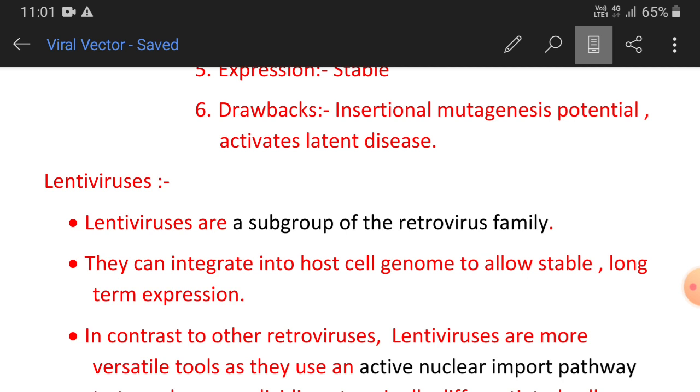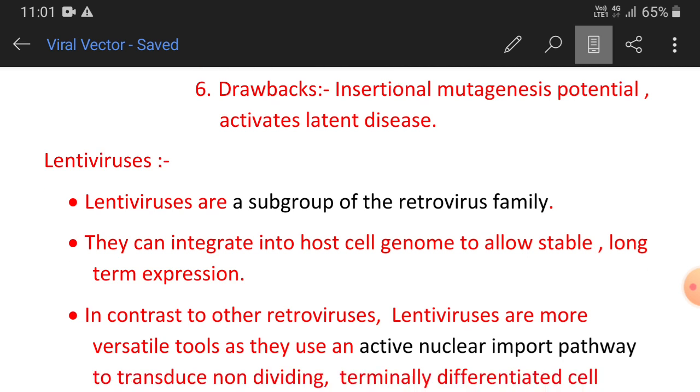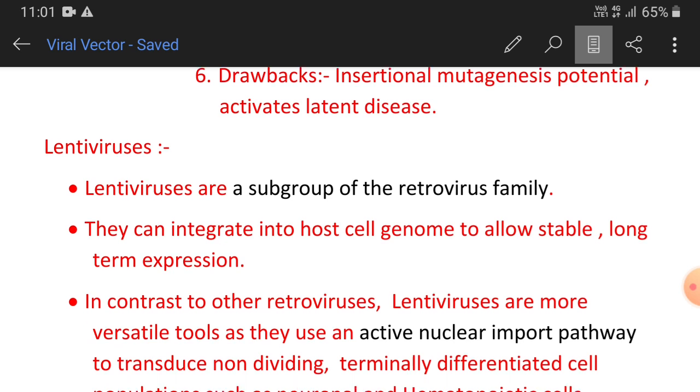Now, unlike other retroviruses, lentivirus has the ability to transduce non-dividing and terminally differentiated cell types, for example hematopoietic or neuronal cell types, via a process called the active nuclear import pathway.